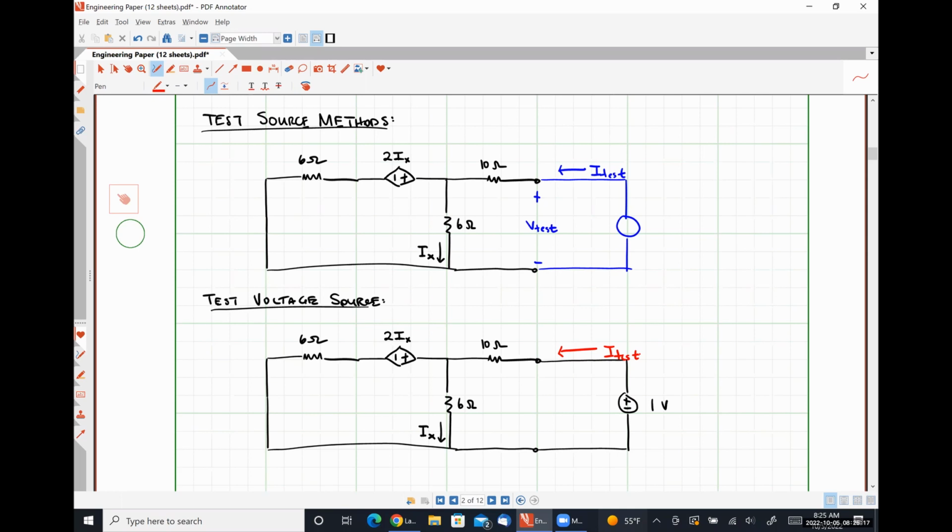All right, so how are we going to solve for this quantity I test? Yeah, why not? We're solving for a current.